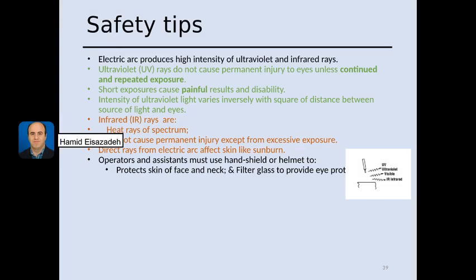In this slide, and in the next couple of slides, I will talk about the safety tips in the welding process that you have to consider before performing any welding process. First, the electric arc in the arc welding process produces different types of light.